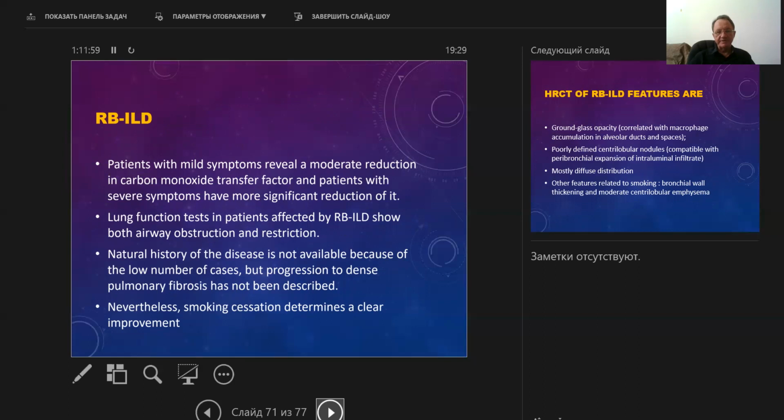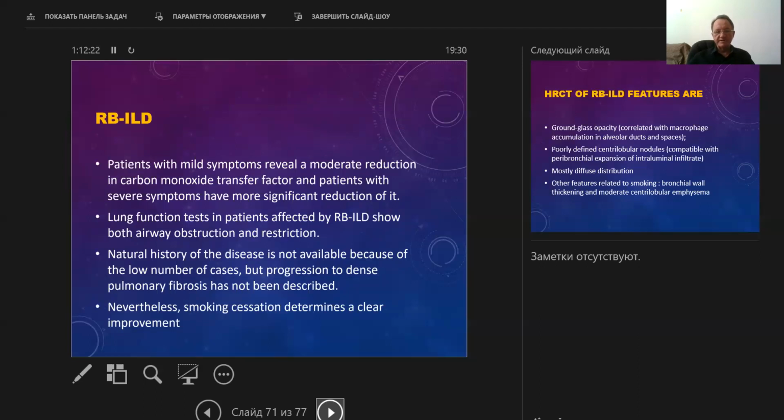Patients with mild symptoms show a moderate reduction in carbon monoxide transfer factor, and patients with severe symptoms have a more significant reduction of it. Lung function tests in patients affected by RB-ILD show both airway obstruction and restriction.